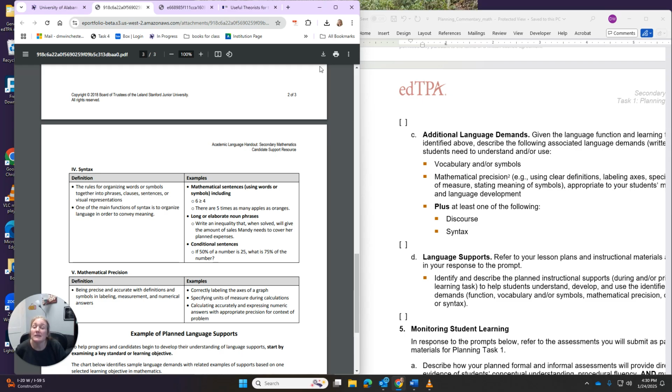So please, please, please look at this document if you are confused about discourse and syntax, because it is subject specific. If you are still confused, please arrange a meeting with me or come to one of my open writing workshops and we can discuss this. Each program content area is going to be a little bit different, and that's why I'm leaving it up to you to look at this resource.